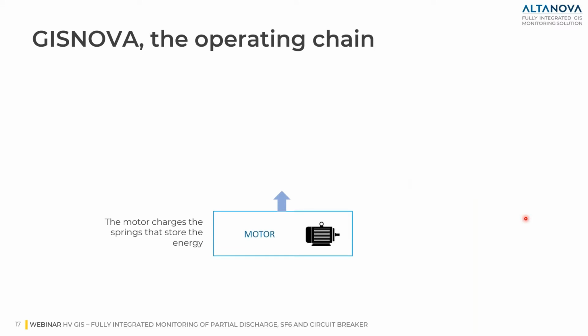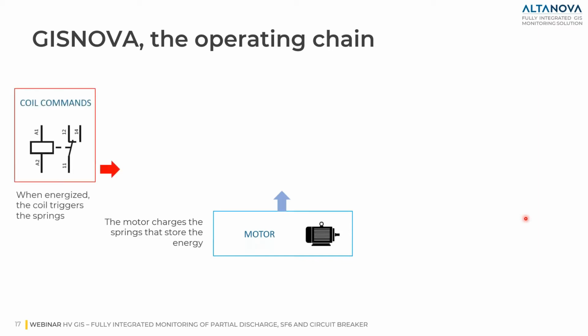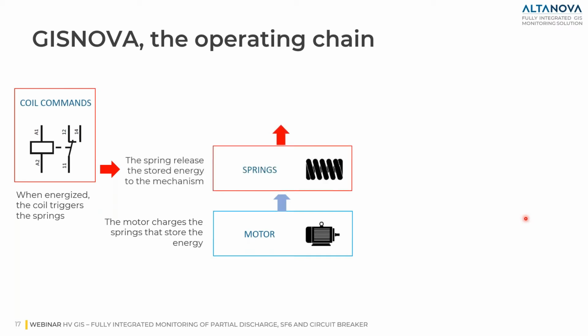As you can see in this animation, the mechanical system of the circuit breaker consists of multiple moving parts that normally work together, with a stored energy system to activate the physical opening and closing of the main contacts.